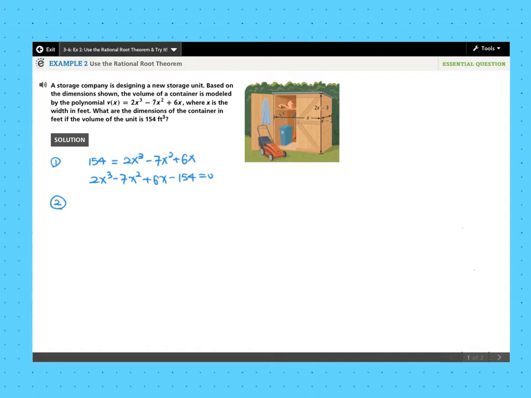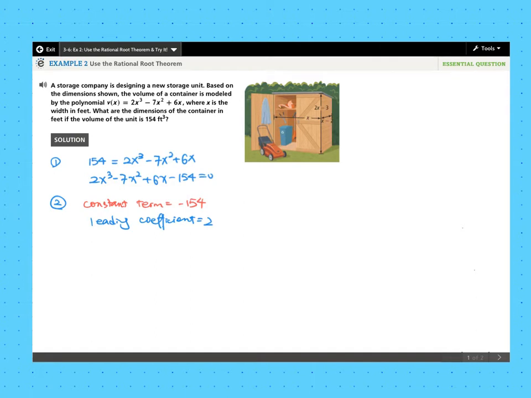Now, second step, I'm going to use my rational roots theorem to figure out what are the possible rational roots. So my constant term is negative 154, right? And my denominator should be my leading coefficient, which is 2.